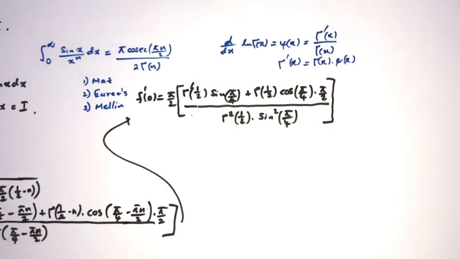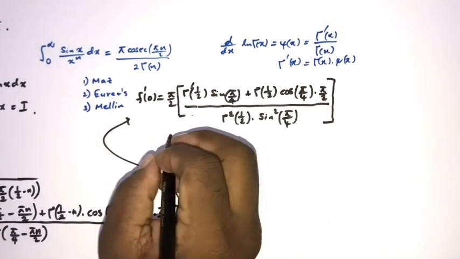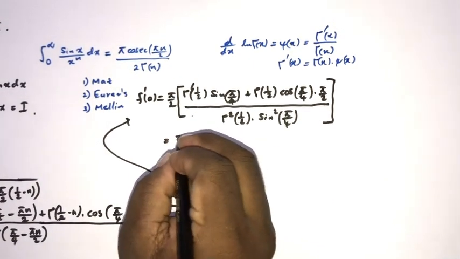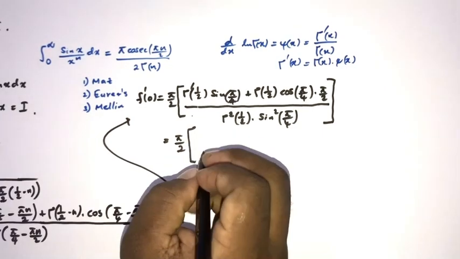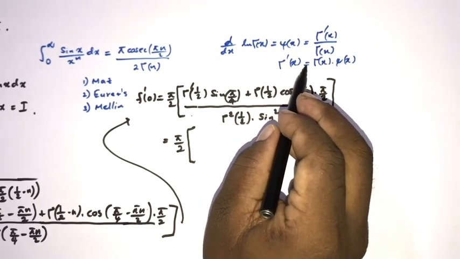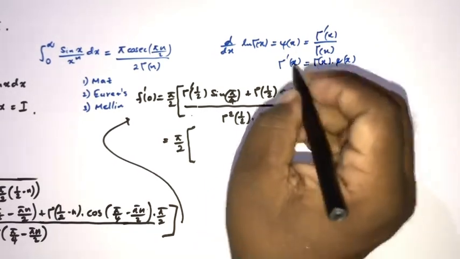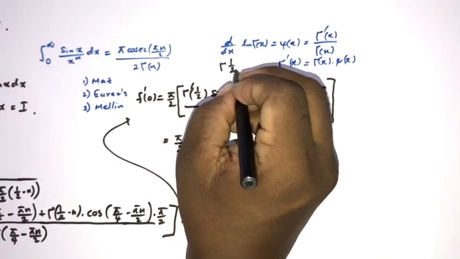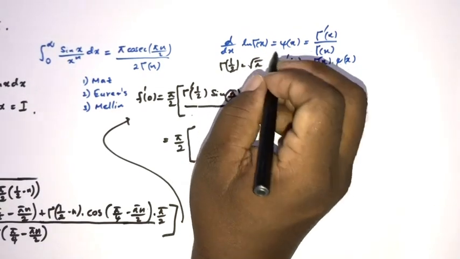Now we can simplify: gamma dash of 1/2 is equal to gamma of 1/2 times digamma of 1/2, and gamma of 1/2 is equal to square root of pi.